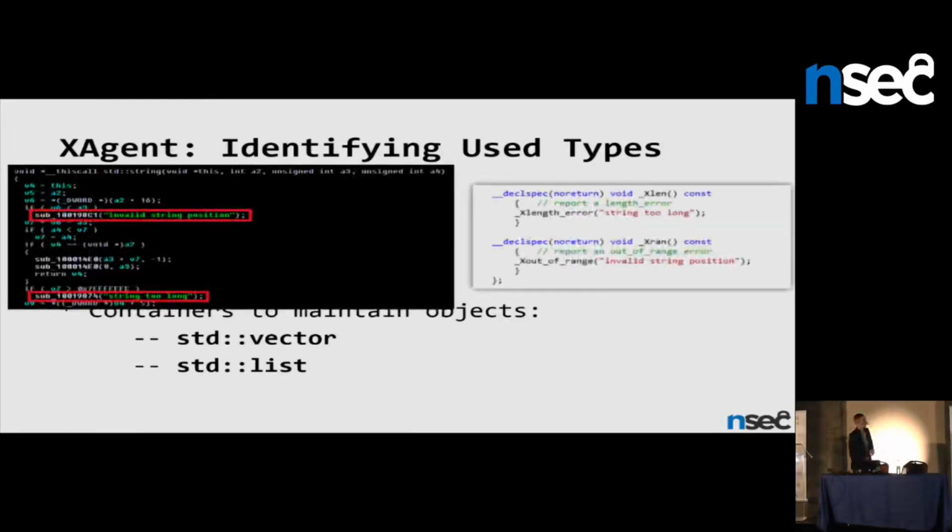Here, for instance, we can find the strings in the binary, and on the right-hand side we can see source code from the header files. So basically they are using strings and vectors from the standard library, which made the analysis significantly easier, because we know exactly what kind of types are used, and there is no need to reverse them from scratch.